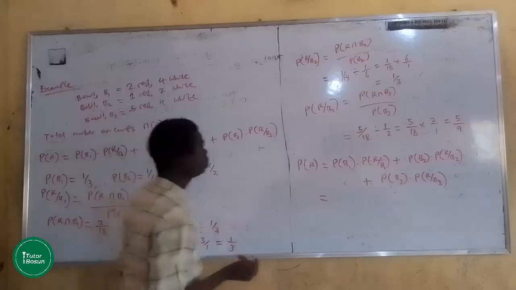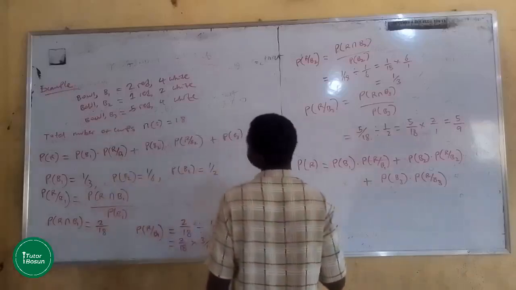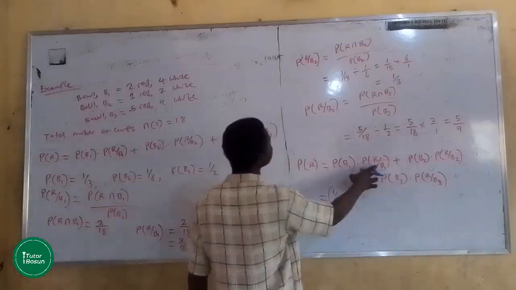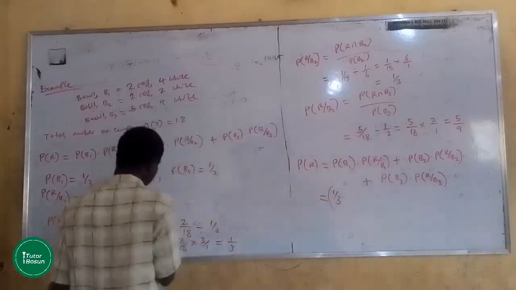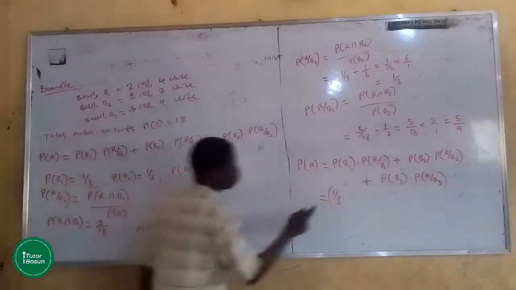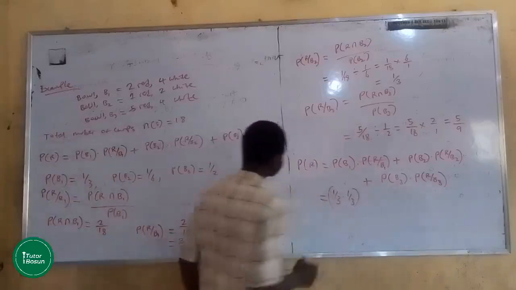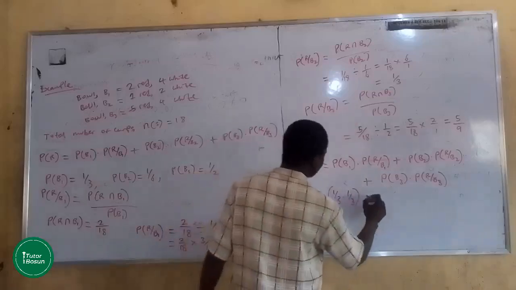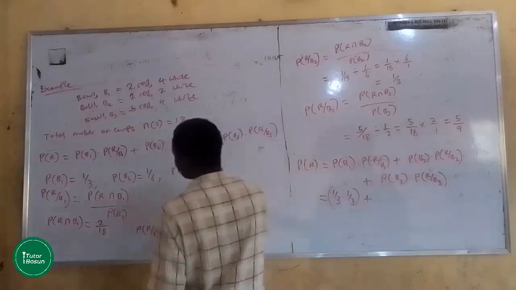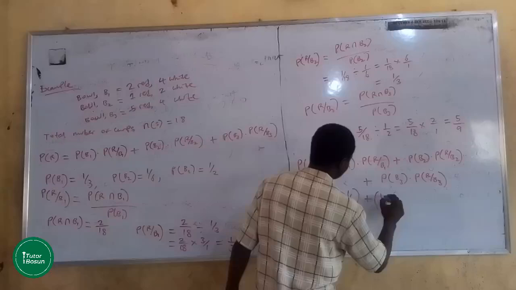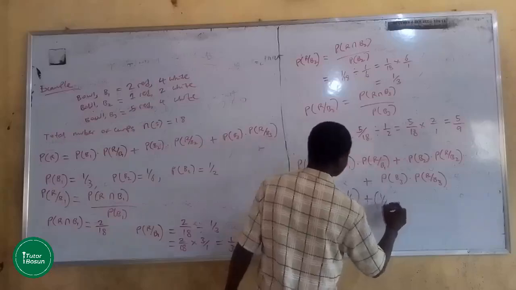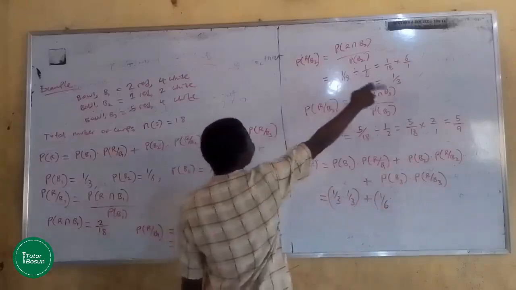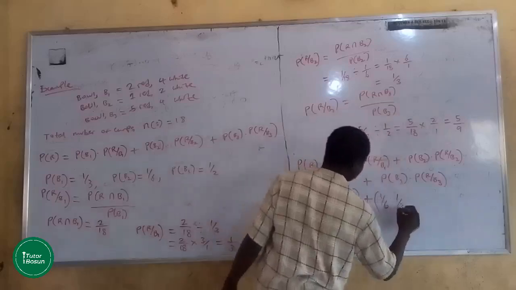Our probability of B1 is 1 over 3, times the probability of R given B1, which we've gotten as 1 over 3. Plus the probability of B2, which is 1 over 6, times the probability of R given B2, which we have done as 1 over 3.